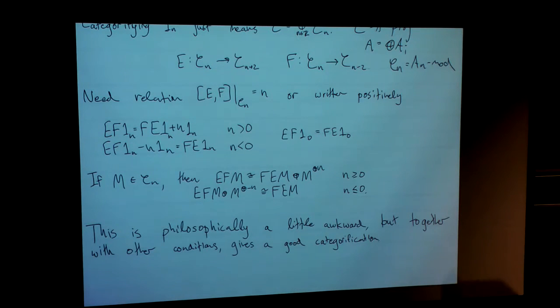Again, let's just assume I'm working with projectives, so it's not so surprising that I get a direct sum. And similarly, if n is negative, then I get EF almost FE, but I need to add extra copies on the other side of the equation. You see why I need this positive formulation: I can't write EF = FE direct-minus n with a negative number of copies of the object.